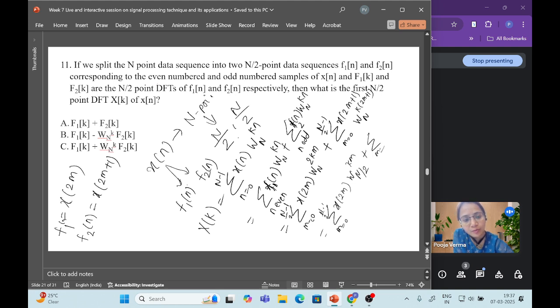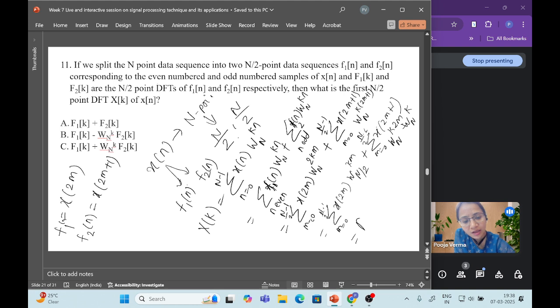Similarly here, m will vary from 0 to N by 2 minus 1 of x(2m plus 1), which is F2, and further we just need to solve this phase. So W_N^(k 2m) into W_N^k only, because it is 2m plus 1.